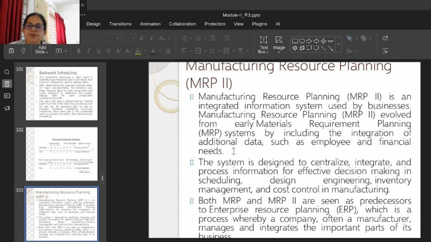MRP2. MRP2 is known as manufacturing resource planning. In MRP1, we are planning the material requirement planning. Here, MRP2 is all about manufacturing resource planning.